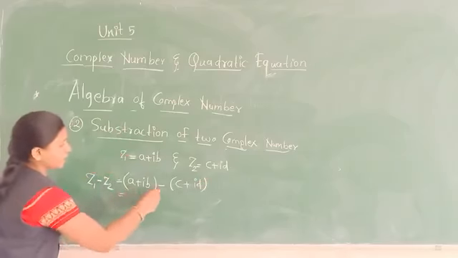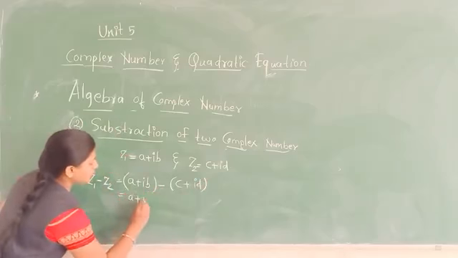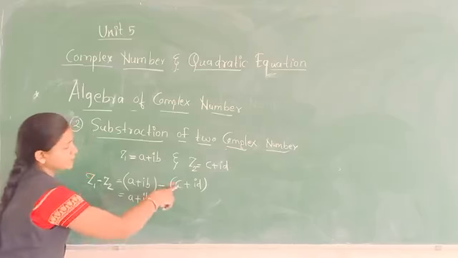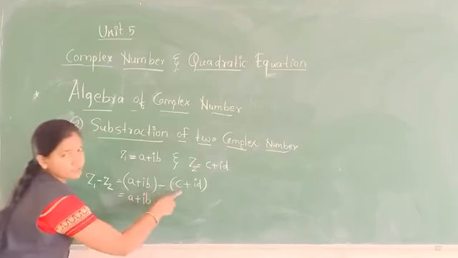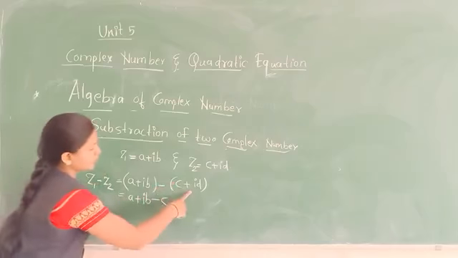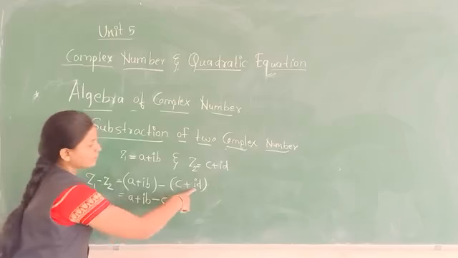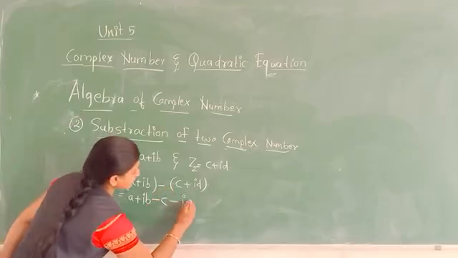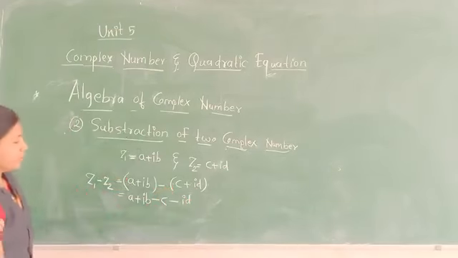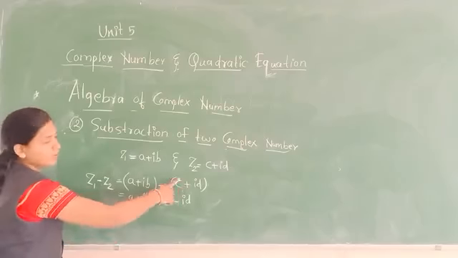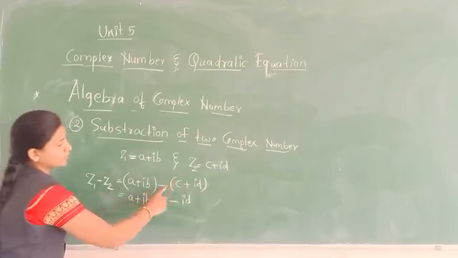So here a plus ib, minus. If you take c outside the bracket, then it is minus c. Here plus id is there. If you take this outside the bracket, that is minus id. So a plus ib minus c, minus id.